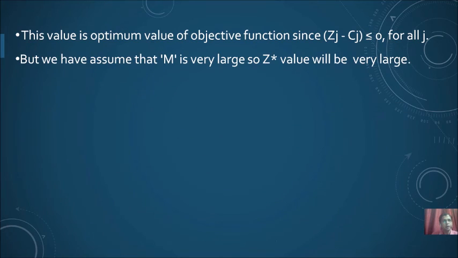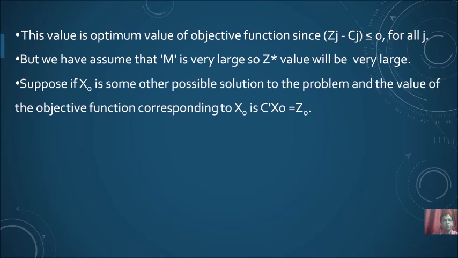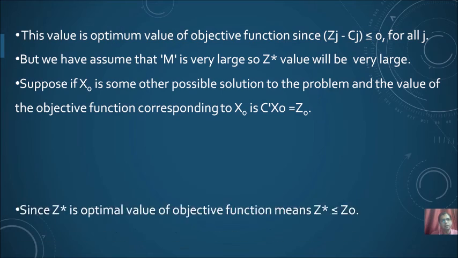But we have assumed that M is very large, so the z star value will also be very large. Please remember that we are trying to obtain the minimum value of z. Now z star will be very large, but it is the optimum value. Now suppose x0 is some other possible solution to the problem. The value of the objective function corresponding to x0 will be c dash x0, which is equal to z0.